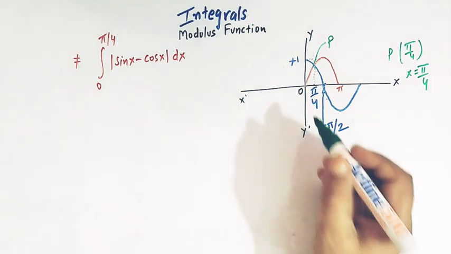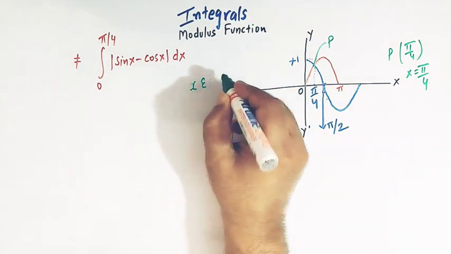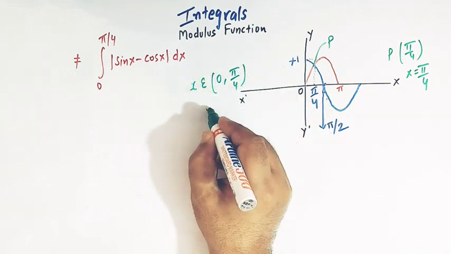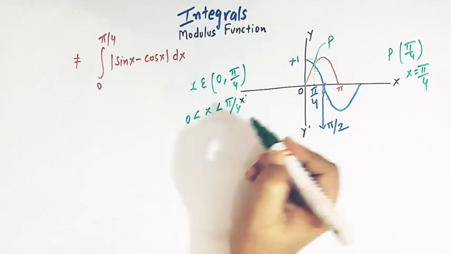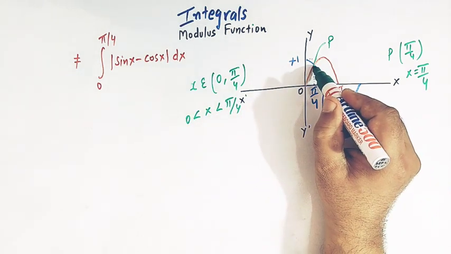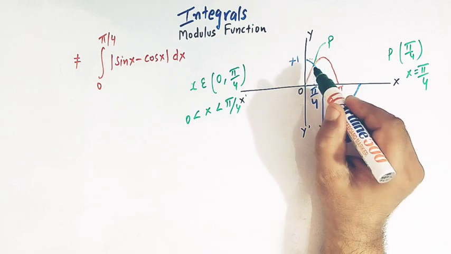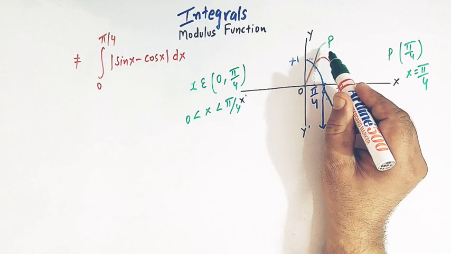Now let us look at this interval, 0 to pi by 4. If we take this interval, then we can see that this red curve represents sine x, and the blue curve represents cosine x.